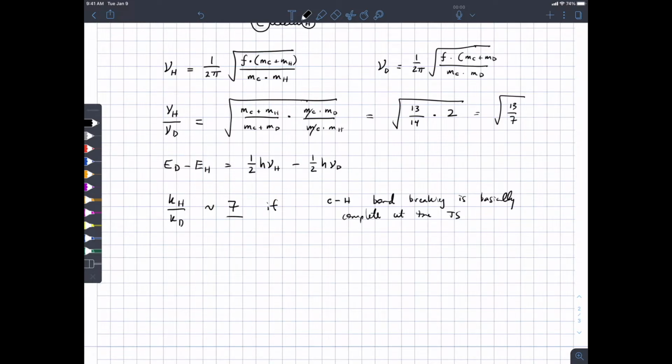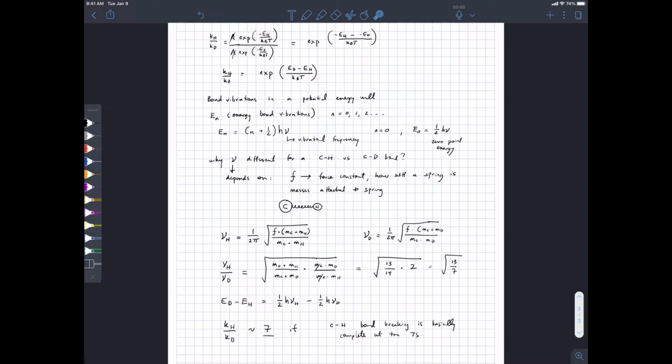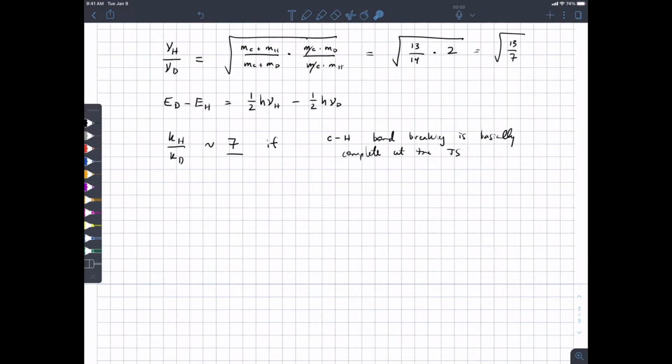And I got this number using this ratio, by making an assumption of what the carbon-hydrogen vibrational frequency should be. You can do that from an IR experiment, right? And then Planck's constant, and then this equation here, and assuming what the temperature is. And yeah, at about room temperature, if there's complete carbon-hydrogen bond breaking in the transition state, you expect a maximum effect of about 7.